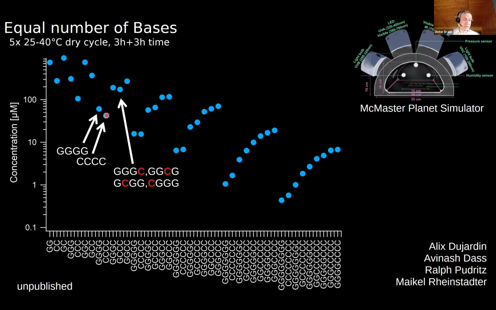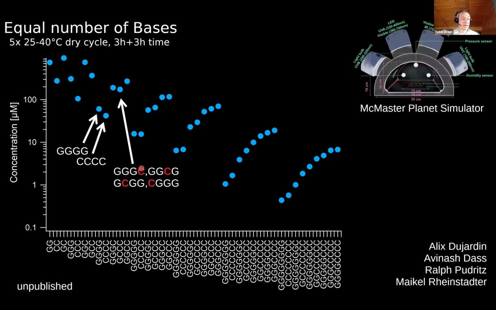So what you see here is that the homogeneous GGGG and CCCC are at low concentration. And the mixed sequences, for example 1C and 3G, are at high concentration. Now, if we're lucky, this would mean that it is higher concentration because you just have 4 sequences by which you can make that sequence.